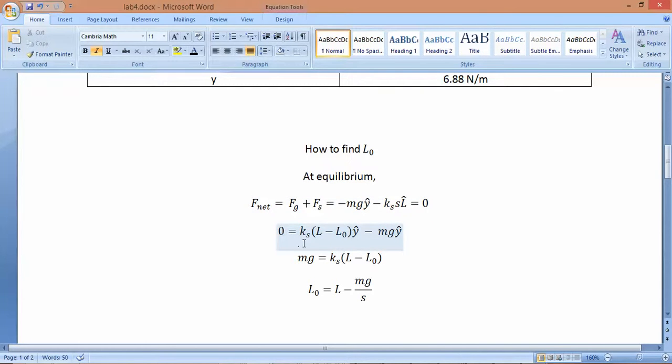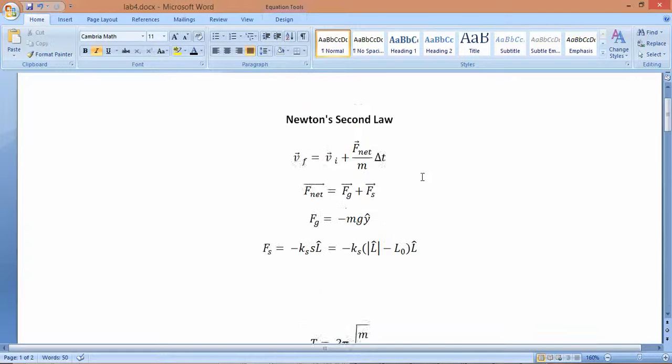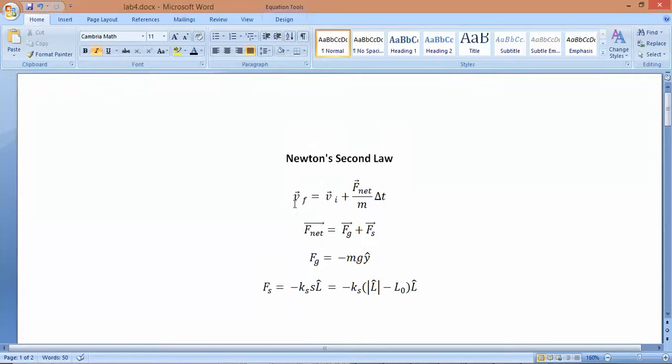So we can plug in those values, and we can set mg equal to the spring constant times s and calculate the relaxed length L0, which I think was 0.14. So now that we know both the relaxed length and the spring constant, we can go back up to our velocity equation and solve for the velocity.